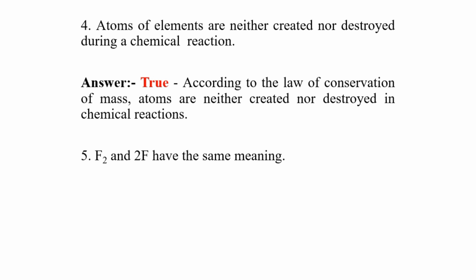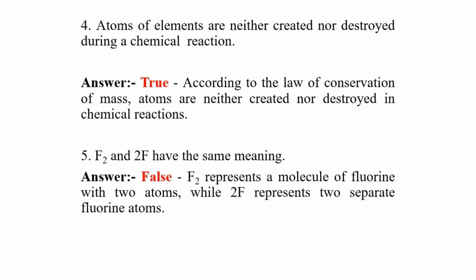Question number 5. F2 and 2F have the same meaning. The answer is false. F2 represents a molecule of fluorine with 2 atoms, while 2F represents 2 separate fluorine atoms.